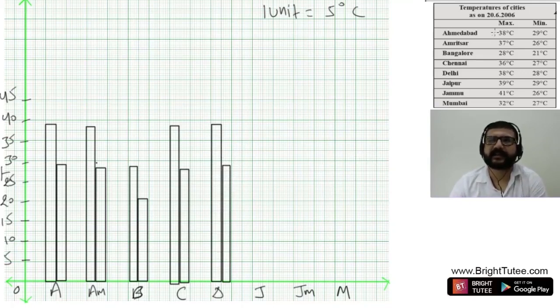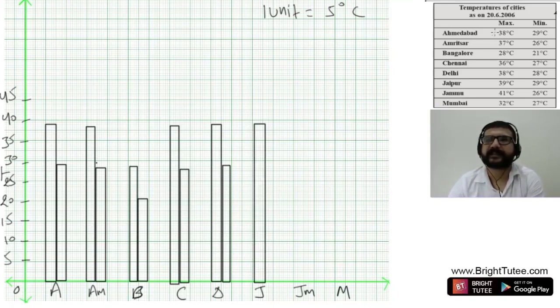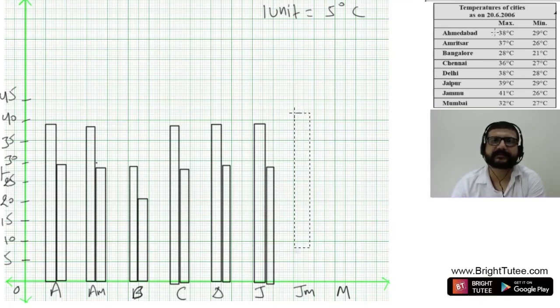Now after Delhi we are having Jaipur. The maximum temperature here was 39 degrees Celsius, so it will be like this. And then the minimum was 29, so it will be like this. Then we have Jammu. The maximum is 41, so it will be like this.